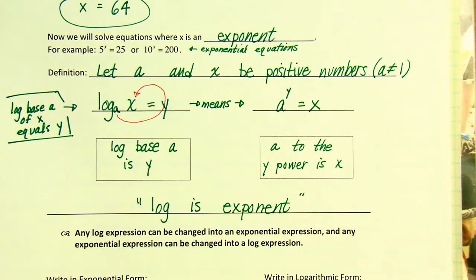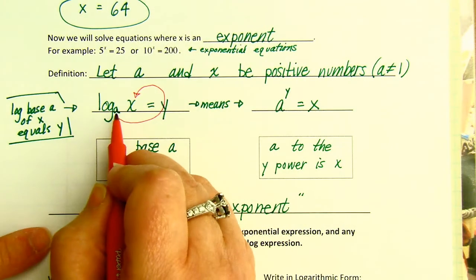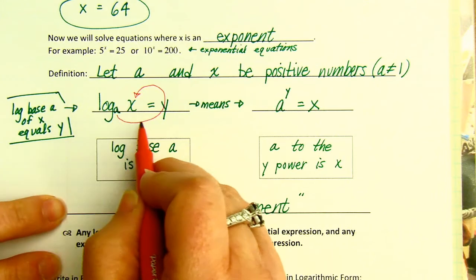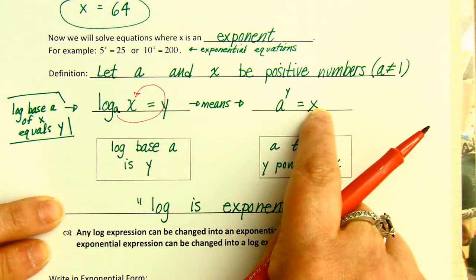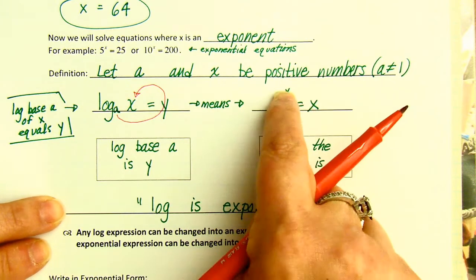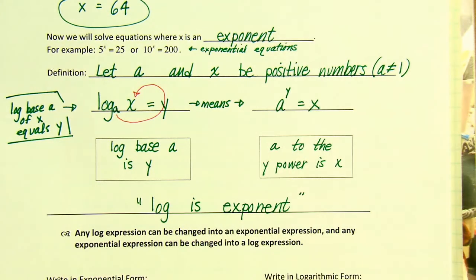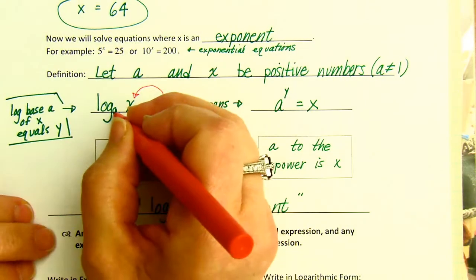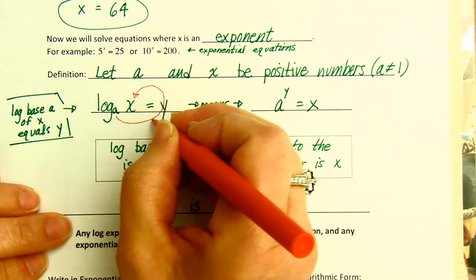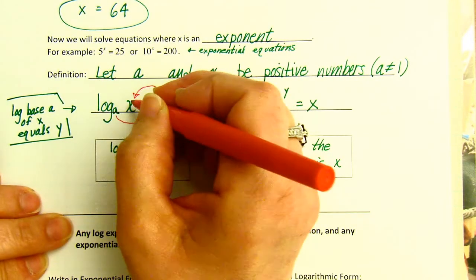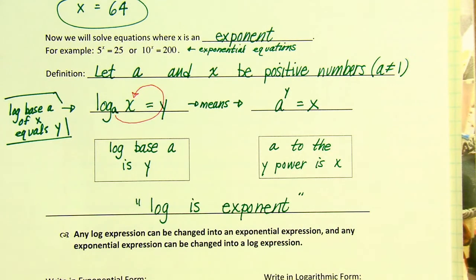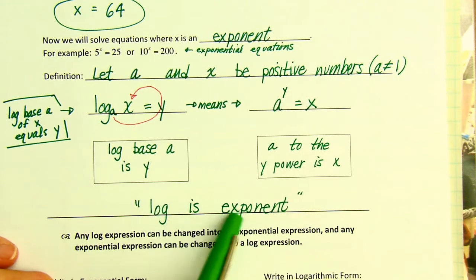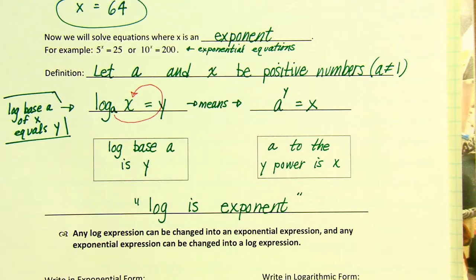Okay? The base A raised to the power of y equals x. And that's what this says. So I start with the subscript. I come around past the equal sign, and then I come in like a spiral to that thing that's right next to log base A. Log is exponent. You want to memorize this so that you can clearly identify which one is the base and which one is the exponent.